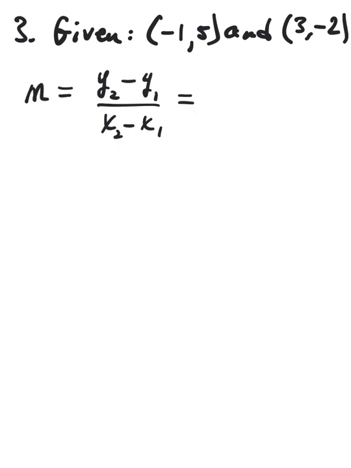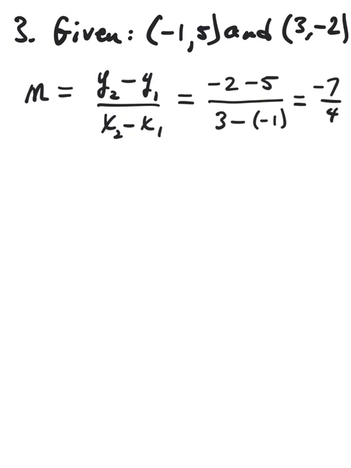For these set of points, that is negative 2 minus 5 over 3 minus negative 1. So that's negative 7 over 4, and that's the slope of this line.